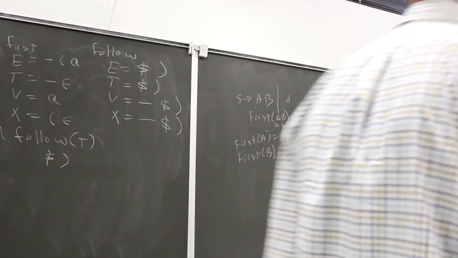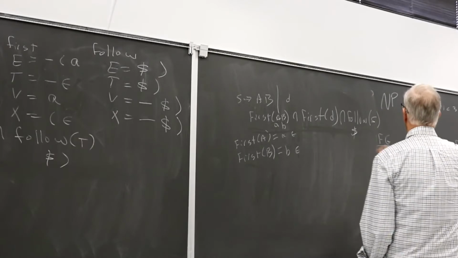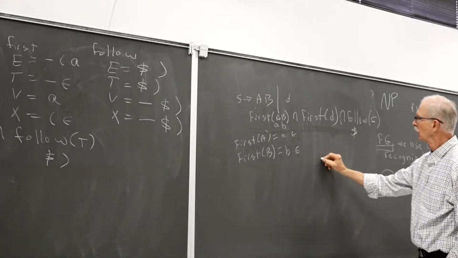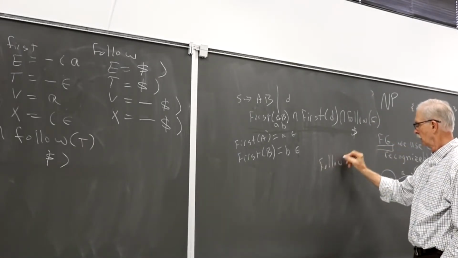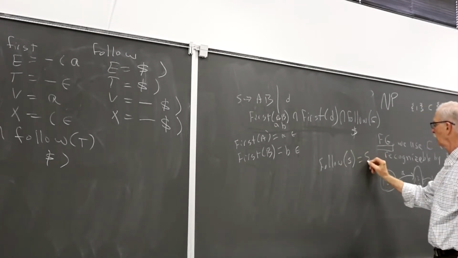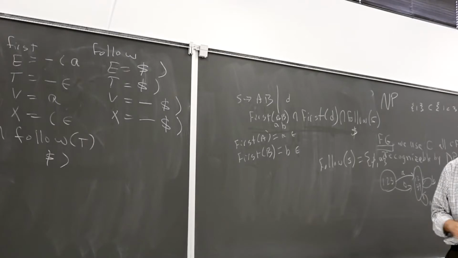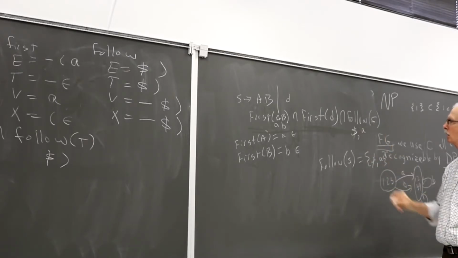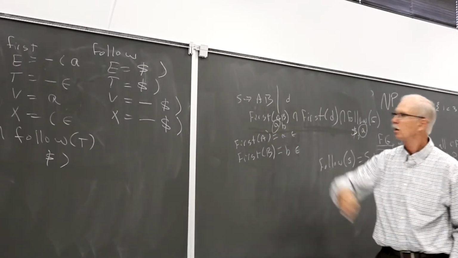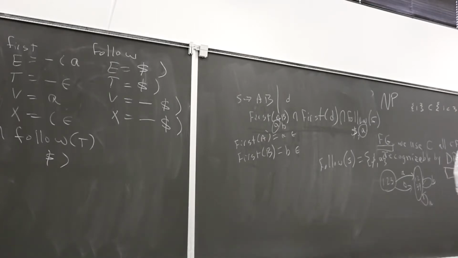For example, if the follow of S contained a dollar sign and an A, then there would be an A listed here, and now we have a conflict between those two, so we would say no, it is not parsable.